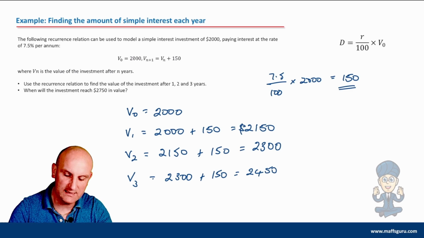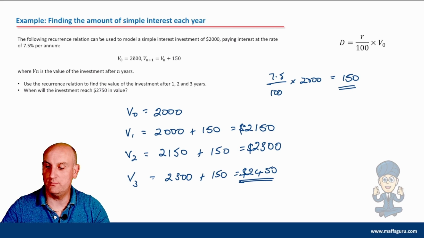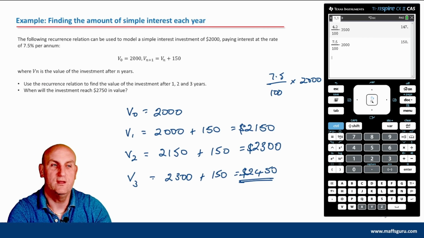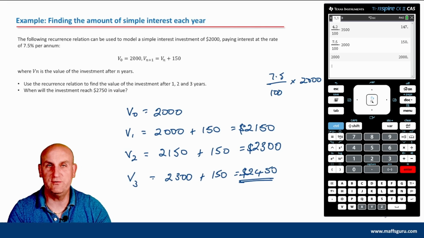Now, realistically speaking, I should put dollars in there because I am dealing with money, and ka-ching, there's the first part of the question. When will the investment reach $2,750 in value? Well, actually, I'm going to fire up my calculator now, because if you've been watching the previous videos, you know I can use my calculator to do all the hard work for me. So I'll put 2,000 in.